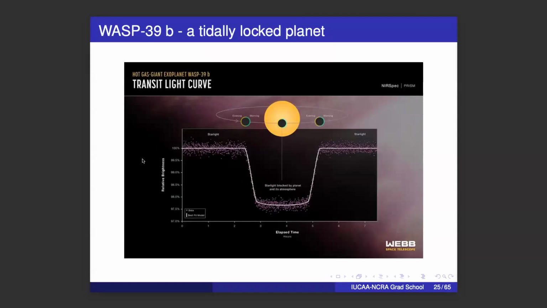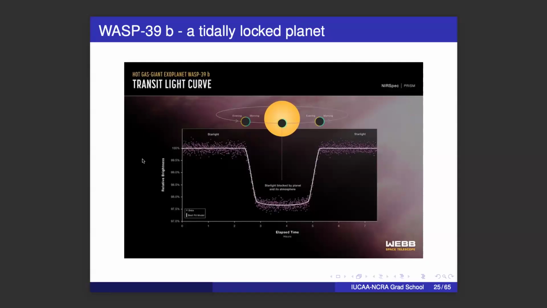Okay. Now we can do better because now we have the James Webb. This was 20 years ago. The James Webb Space Telescope is up in orbit, and it also has the ability to detect exoplanets and study them. So this is a particularly common kind of exoplanet. It's a hot gas giant.